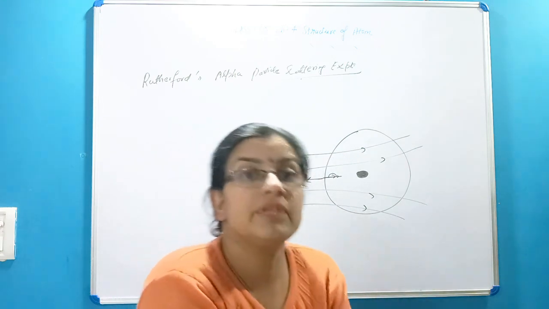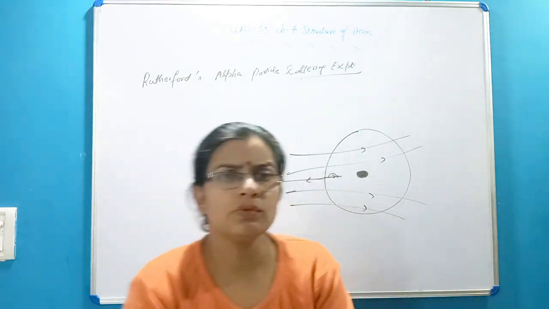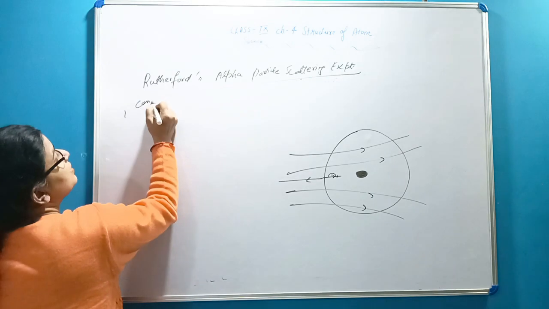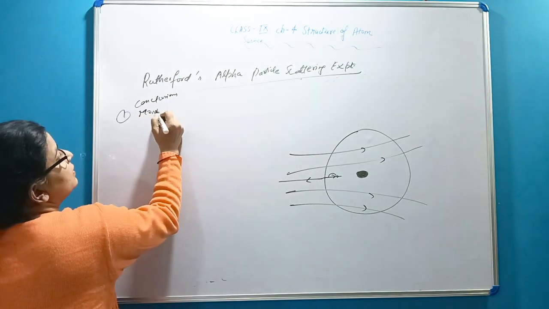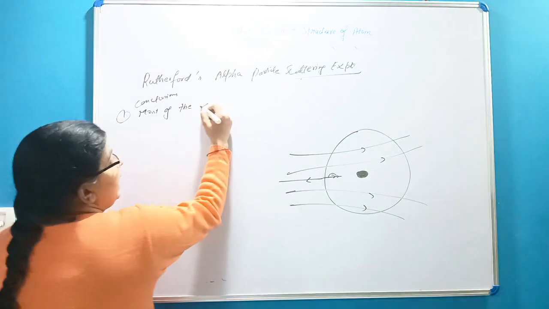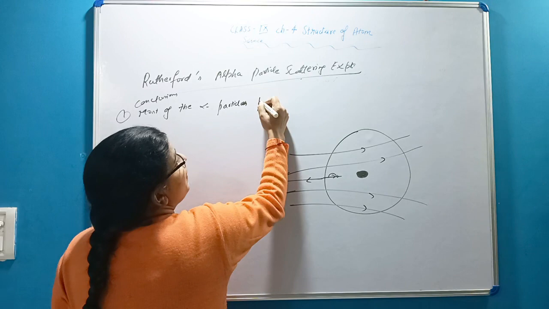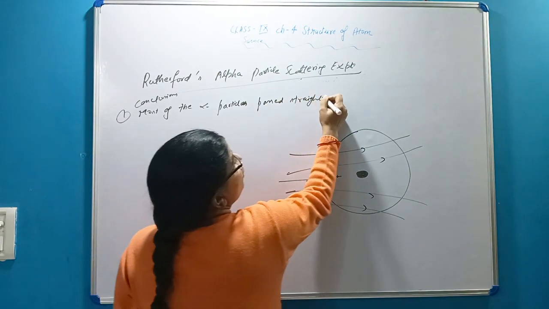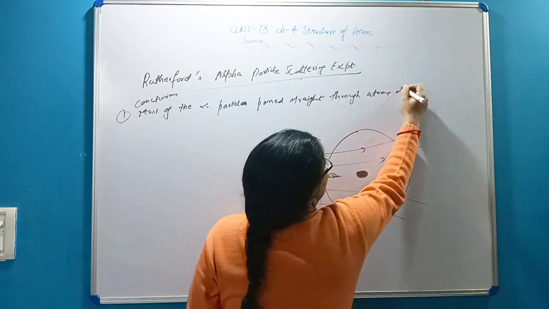On the basis of these observations, Rutherford formed some conclusions. The first conclusion: most of the alpha particles passed straight through the gold foil, through the atoms of the gold foil.